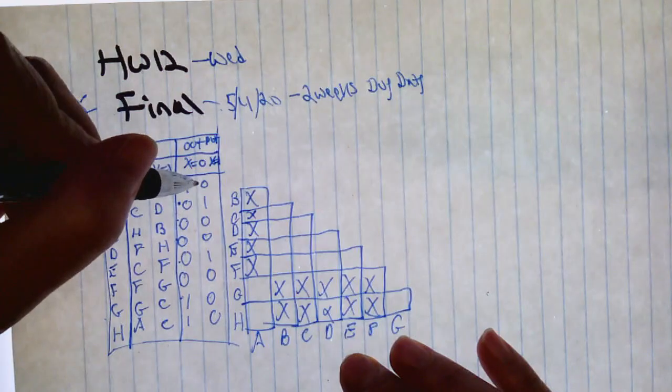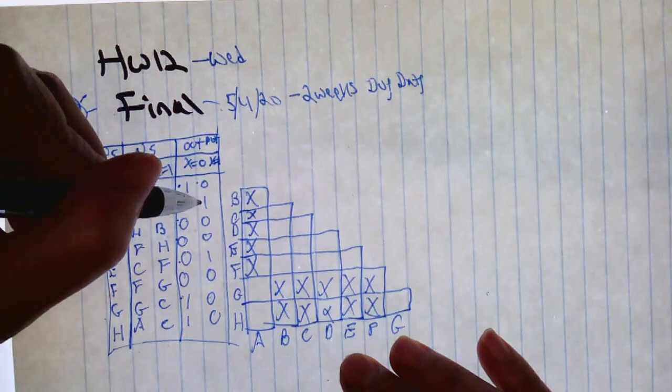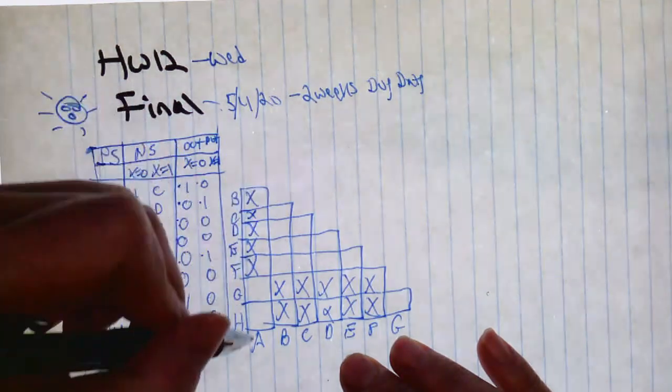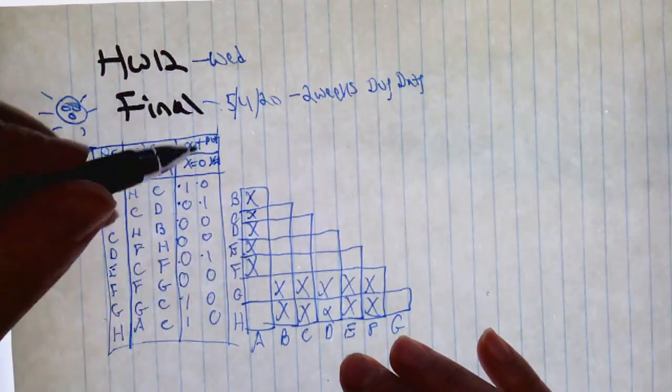Let's look at A, and we see it is different from B and E. So I got B already, and E I got already.